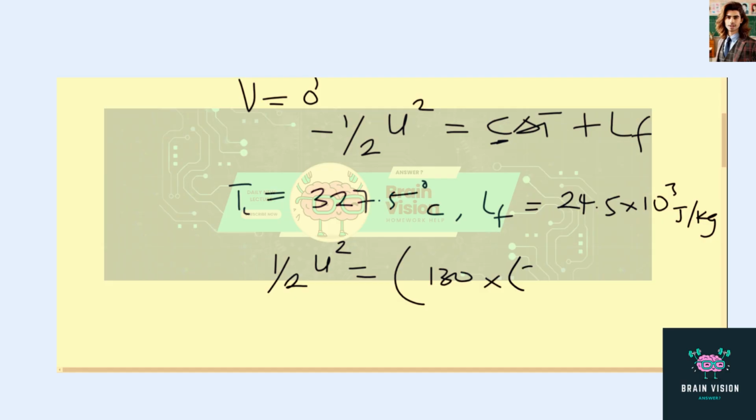We are looking at a temperature change between the melting point, 327.5, minus 25 degrees Celsius, plus 24.5 times 10 to the power 3.